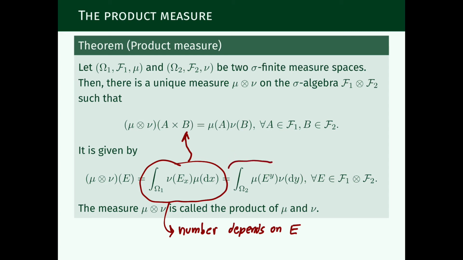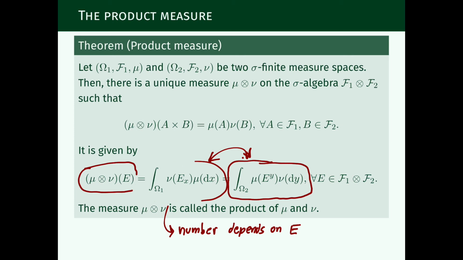And if we can show the same thing about this function here, then we already get existence, but we already had existence and we had uniqueness. But from uniqueness, we get that these two functions are the same. And they are the same, and we denote them by this product, with the extra useful feature that it tells us explicitly how to compute the measure of a set E on the product space.